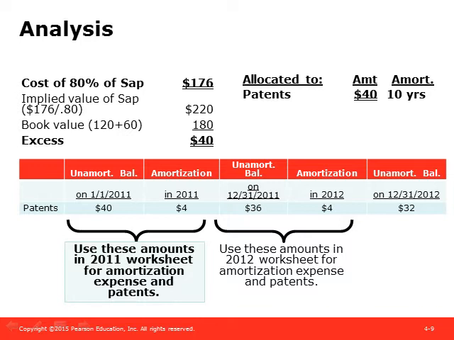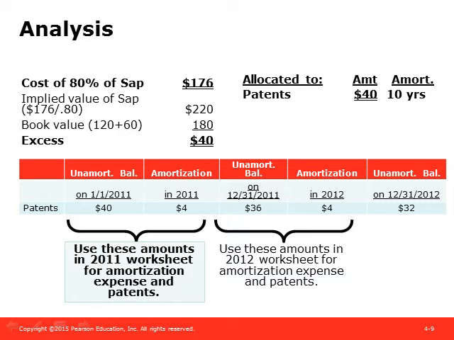Okay, and so first we have to do a little bit of analysis. We know that the cost of 80% of SAP, which we were given, was $176K. Knowing that the 176 represented 80%, the implied value of SAP would be the 176 divided by 0.8, or a total implied value of SAP of 220K.